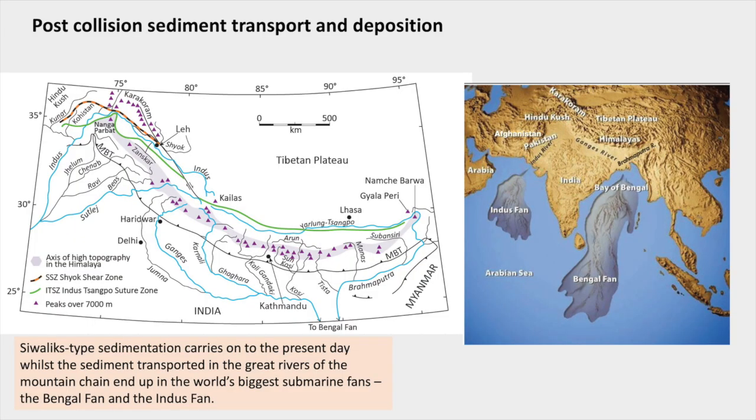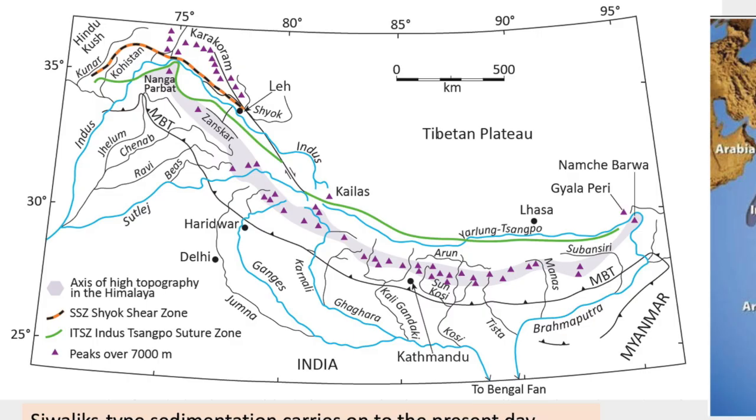The sediment that's being eroded from the mountain chain is transported in some of the great rivers of the world. The Yarlung Tsangpo Brahmaputra. It's got three names because it was thought once that it wasn't all one river. It's on the north side of the mountain chain that cuts through and joins the Brahmaputra.